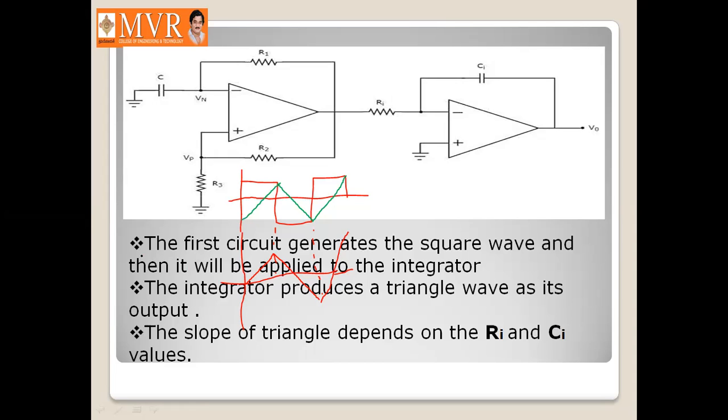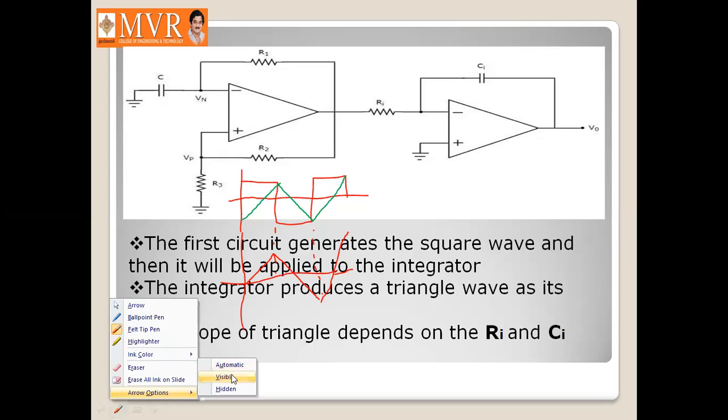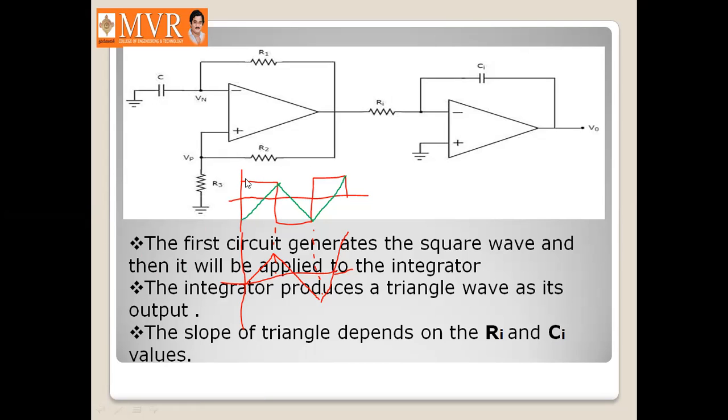As the square wave is given as input to this integrator, the integrator integrates over the time period t, and it is going to produce a triangle wave like this. Based upon these R and C values, we will obtain a triangle wave. If you adjust R and C values, the triangle wave slope can be adjusted.